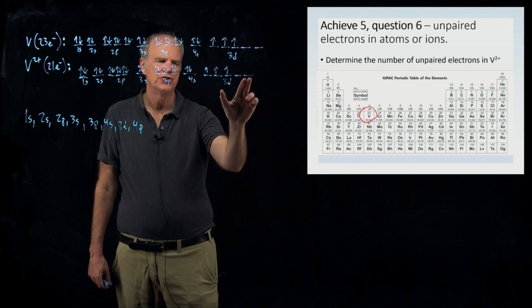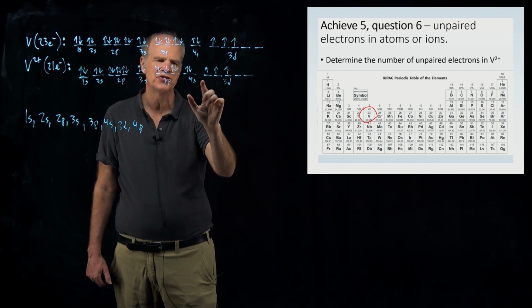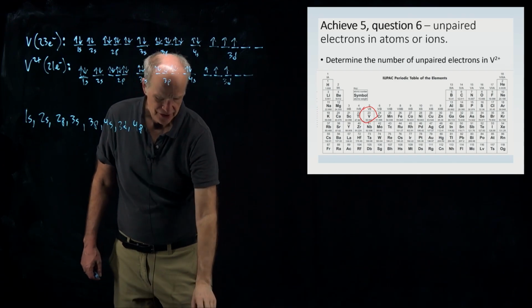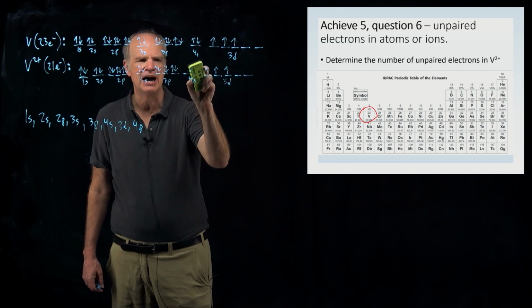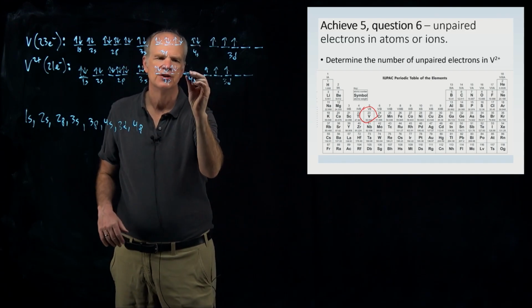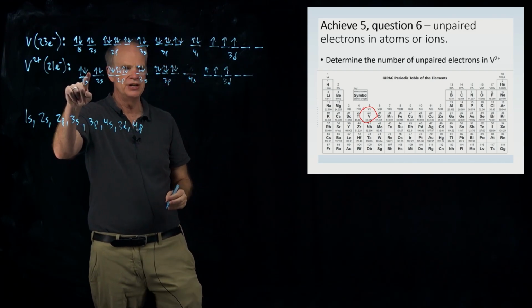So here, with this vanadium configuration, we have electrons in d, but because of that rule, we have to remove them from the 4s sublevel first. So if we want the vanadium cation, we remove those. So this is the correct configuration for the vanadium cation.